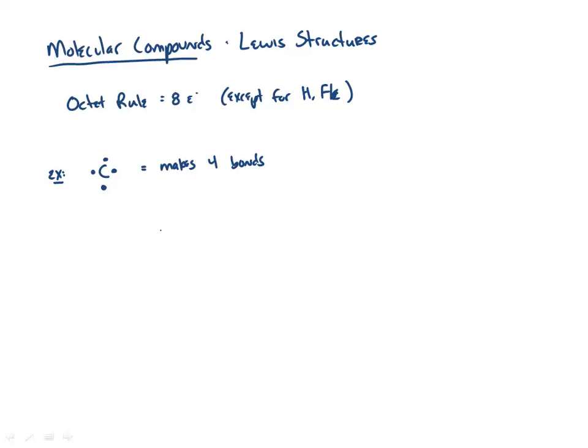For instance, we can have carbon that has 4 single bonds, or we can have a carbon that, say, has double bonds, like in carbon dioxide. We can even have a carbon that has a triple bond, like, say, in the molecule HCN.